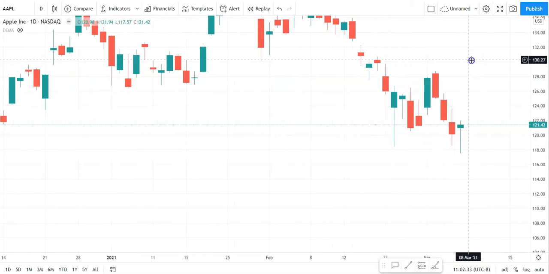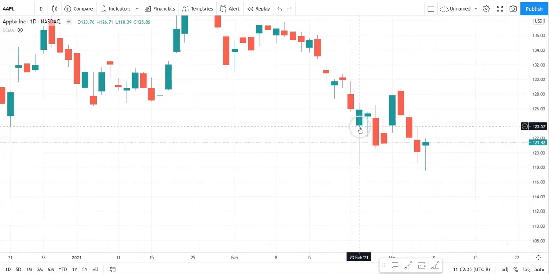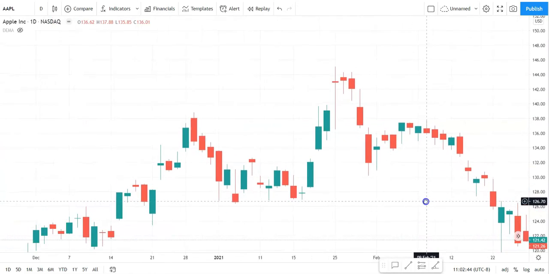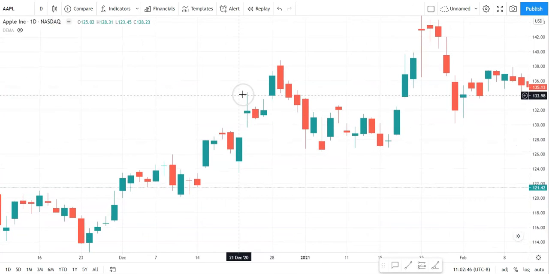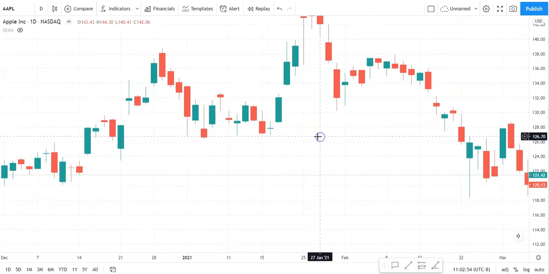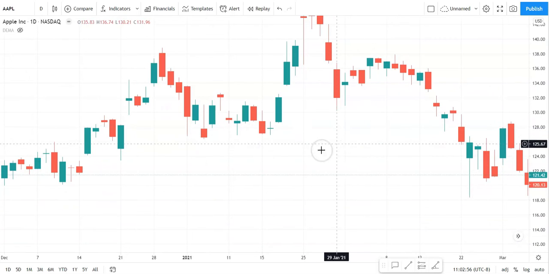So we can see, like I pointed out in the beginning, a lot have long lower wicks, and you're going to find some that have longer upper wicks. You can see here we got a long upper wick, and sometimes there'll be no wicks at all.